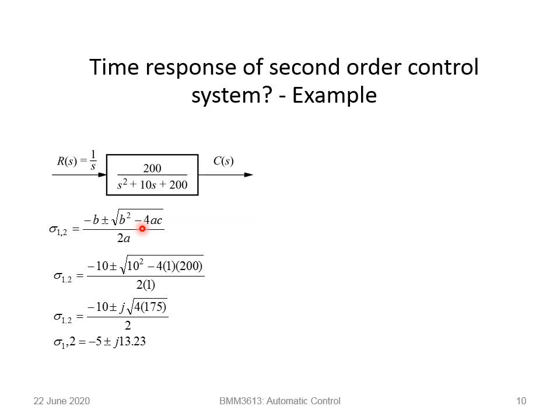You can use your calculator, and then you'll find that you have two different poles, sigma 1 and sigma 2, at -5 plus minus j13.23. So what do we see here?